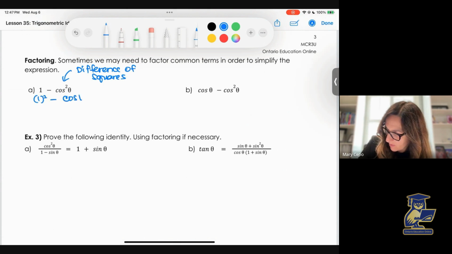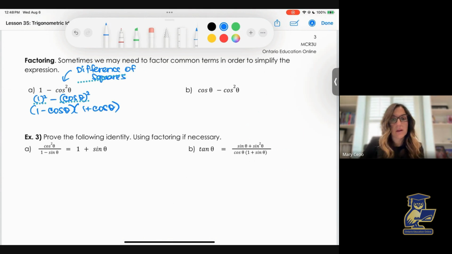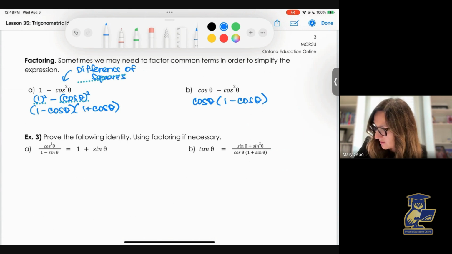This is also a perfect square. So this would become 1 minus cos theta, 1 plus cosine theta. Here we have a common factor of cos theta. So we factor out cos theta, we're going to have 1 minus cos theta. So they are equivalent. So sometimes we need to factor in order to prove the following identities.